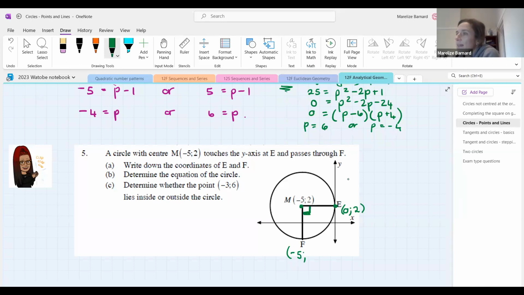Be careful to say that it is 0 because F is over here. So check where F is. So F can't be 0. It needs to have another value. Who said over here -5 and -2?